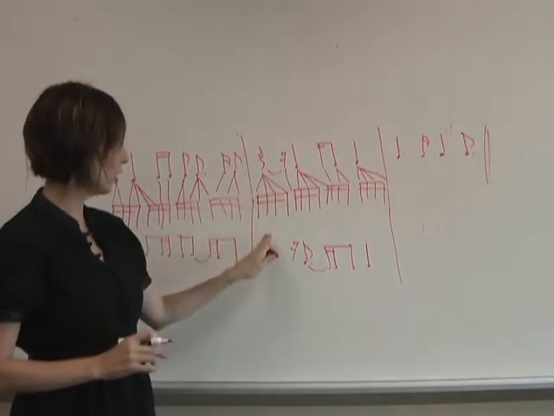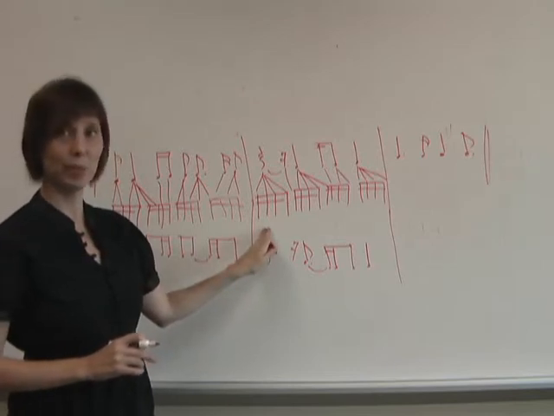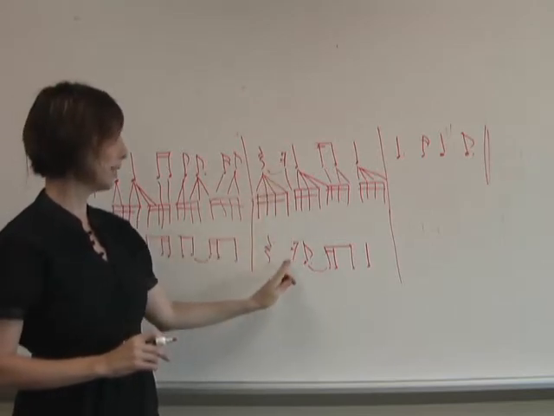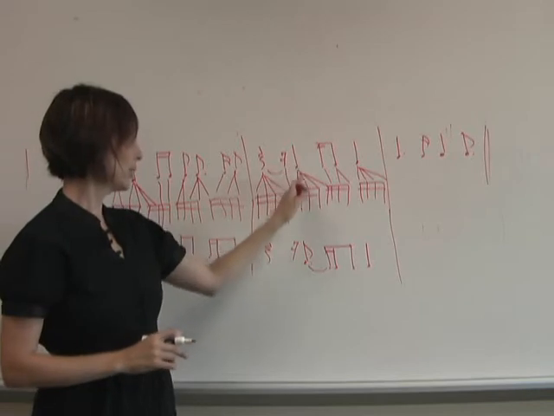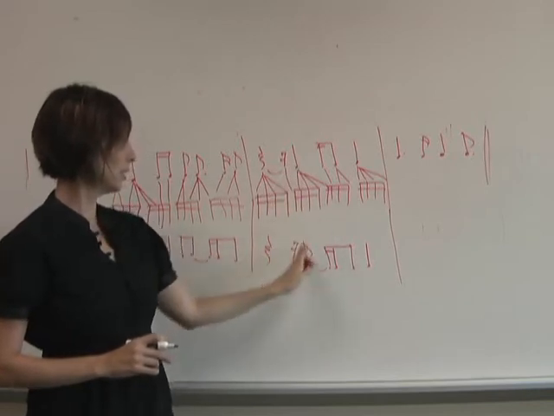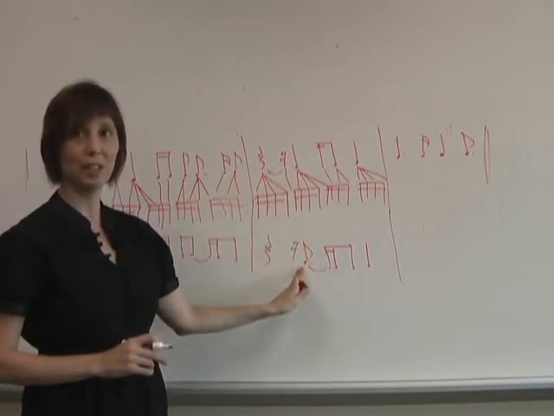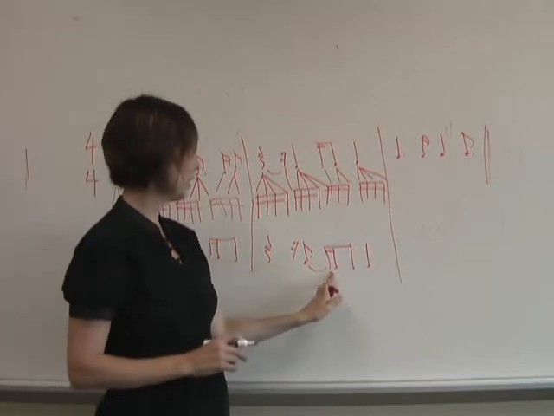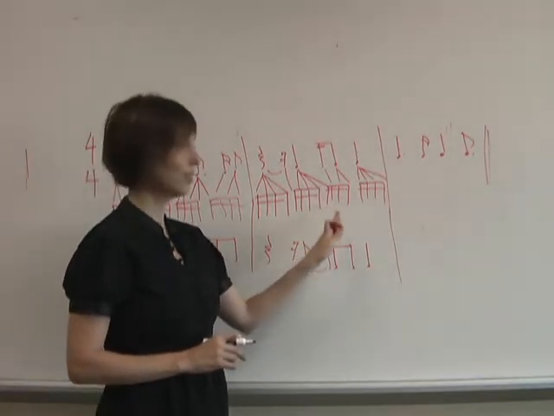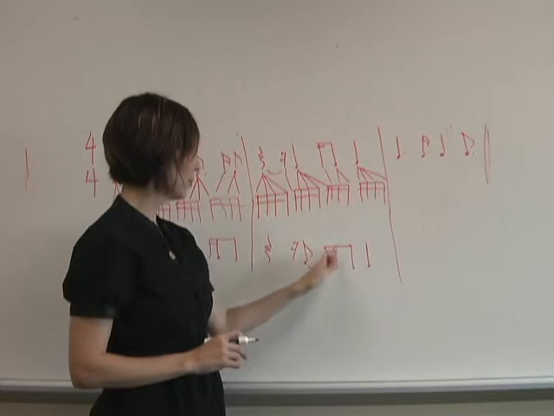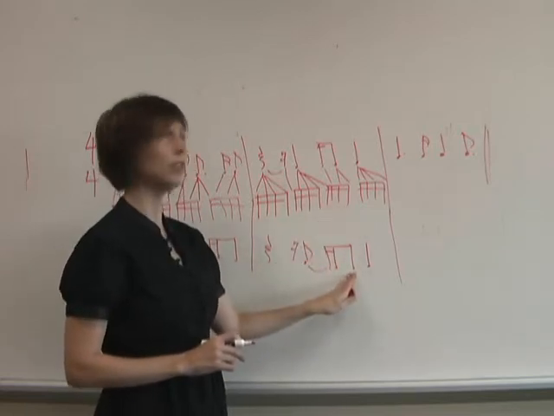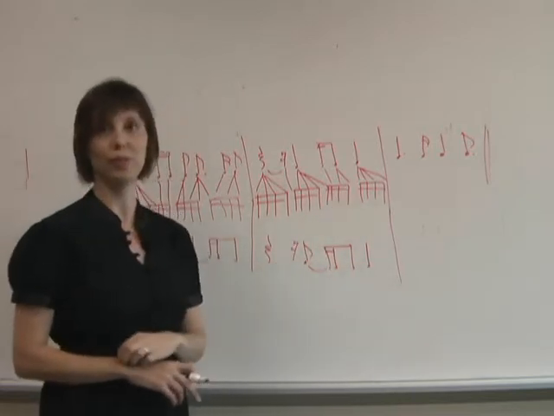We had our quarter rest, that remained the same. Our 16th rest, that remained the same. Then we took these 3 16th notes and made them into this dotted 8th. It's tied here to this 16th note. Then we had this one, and these 2 that made that 8th note, and finally our quarter note.